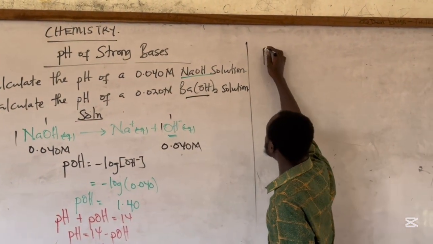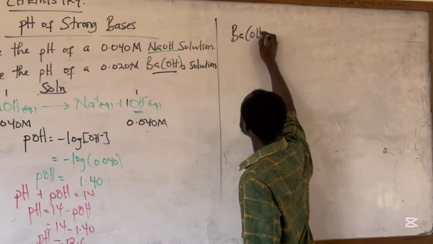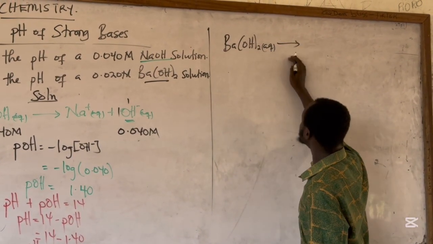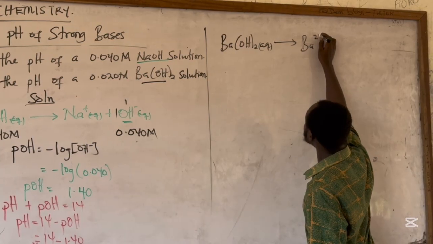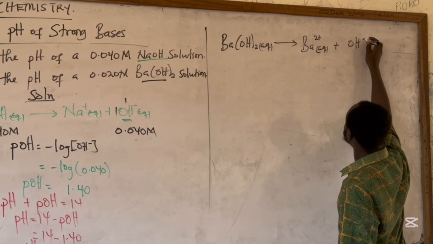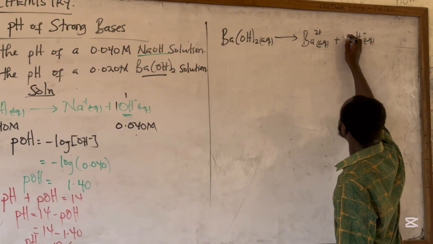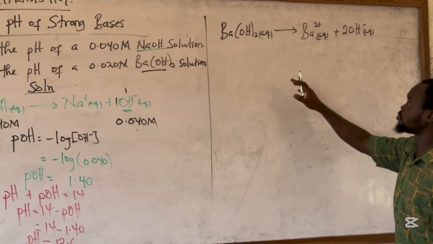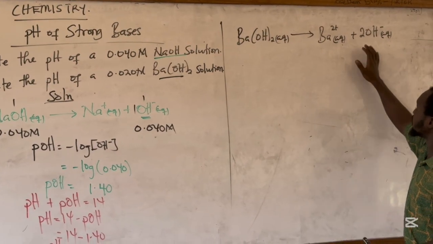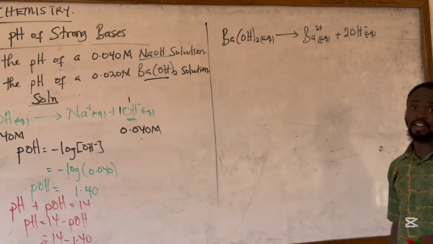So when you write the complete dissociation of the barium hydroxide aqueous, you're going to get the Ba2 plus aqueous plus OH minus aqueous, but with 2 moles, with the 2 attached to the OH in this bracket here. It is dibasic because it produces 2 OH minus ions.